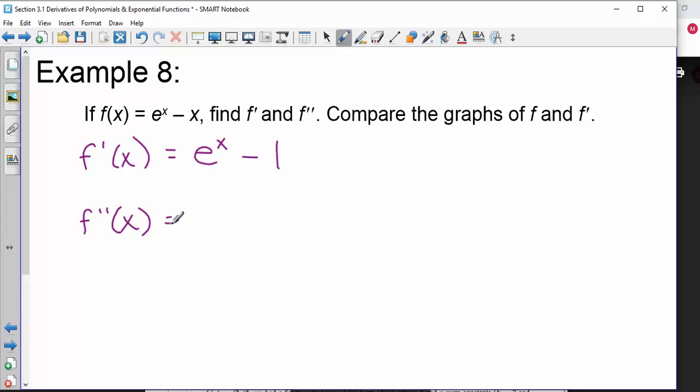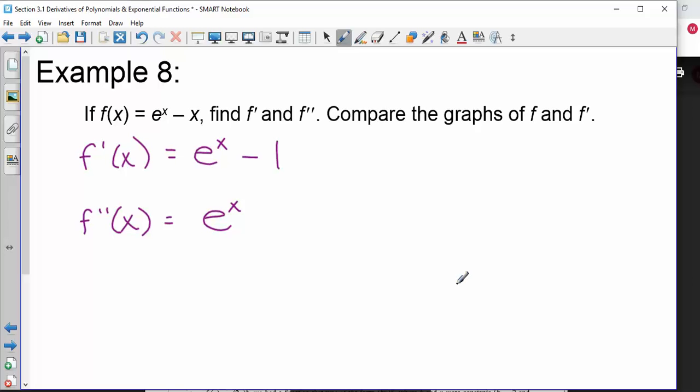Okay, second derivative. Derivative of e to the x is e to the x, what's the derivative of 1? 0. So that is our second derivative. Any questions on that one?